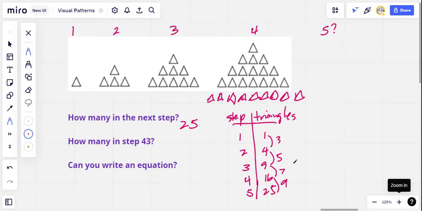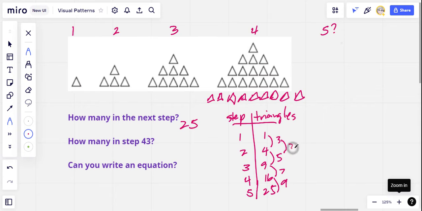But this is not a linear pattern, which we've seen many examples of before. When the difference is not a constant number, the same number each step, it's not a linear pattern. So what kind of pattern is this? We can't use that equation for a line to model this. Well, a good thing to do next is actually to take the second layer of differences, the difference of the differences.